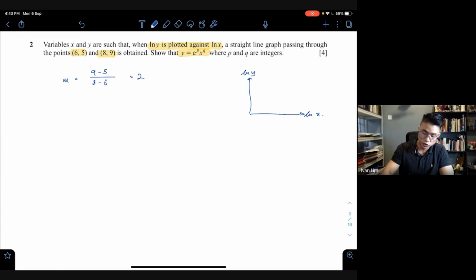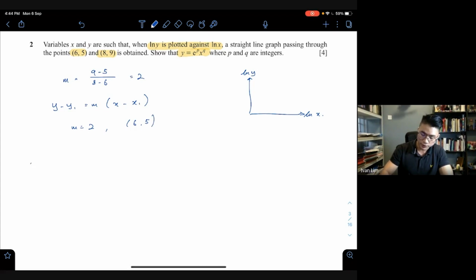Then we can use y minus y1 equals m times x minus x1. However, you've got to remember that my x and y here are not x and y. We are following the graph, ln y and ln x. So if I use m equals 2 and any of the points, we can use (6, 5). Sub into y minus y1 equals m(x minus x1).